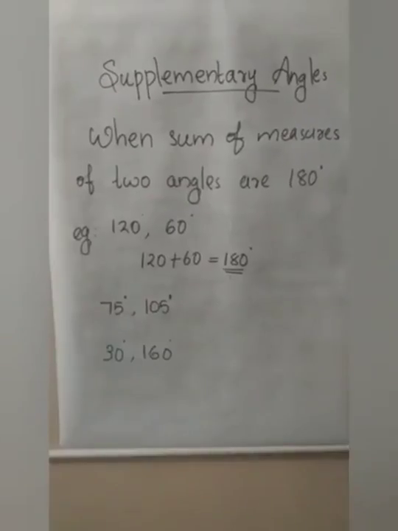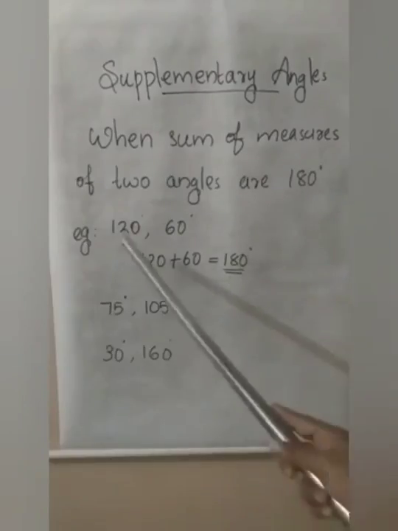So when the sum of two measures of angles is 180 degrees, then we say the two angles are supplementary. What are supplementary angles? When the sum of the measures of two angles is 180 degrees, they are called supplementary angles.